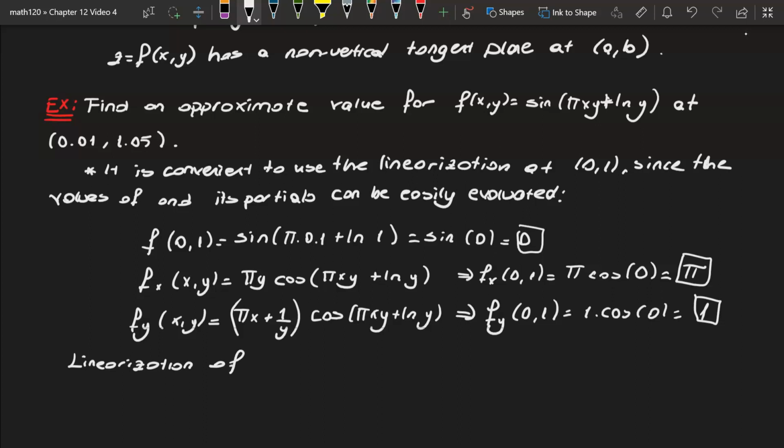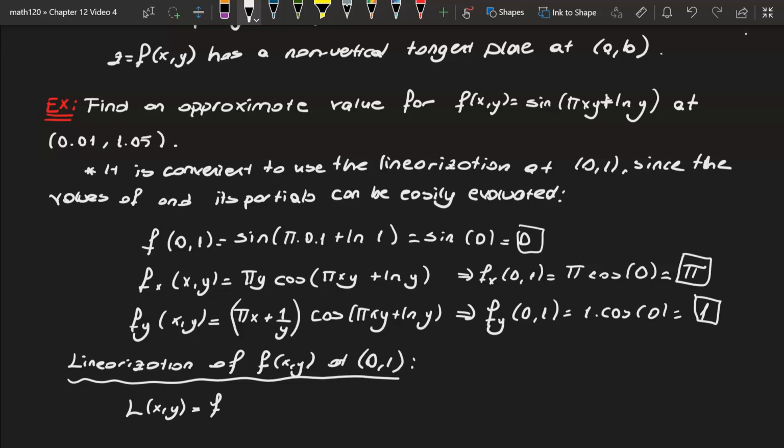of f of (x, y) at (0, 1). L of (x, y) is f of (0, 1) plus f sub x of (0, 1) times (x minus 0) plus f sub y of (0, 1) times (y minus 1).